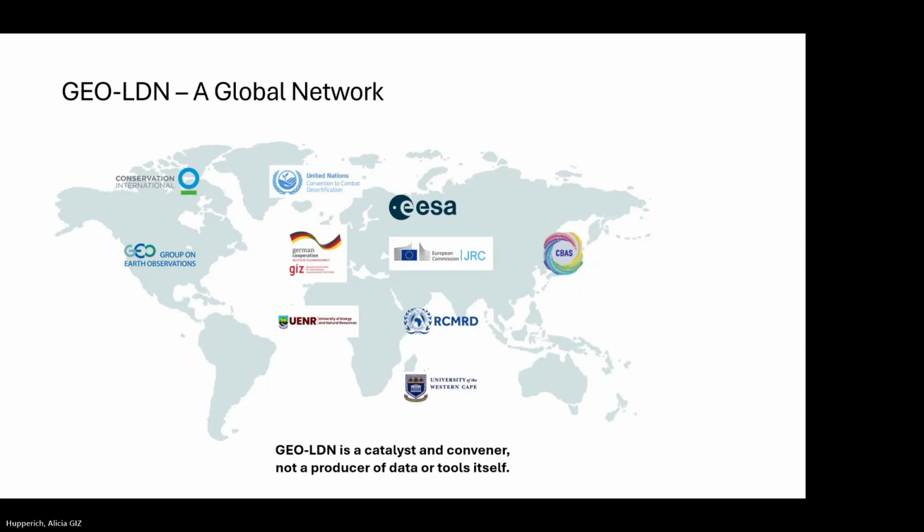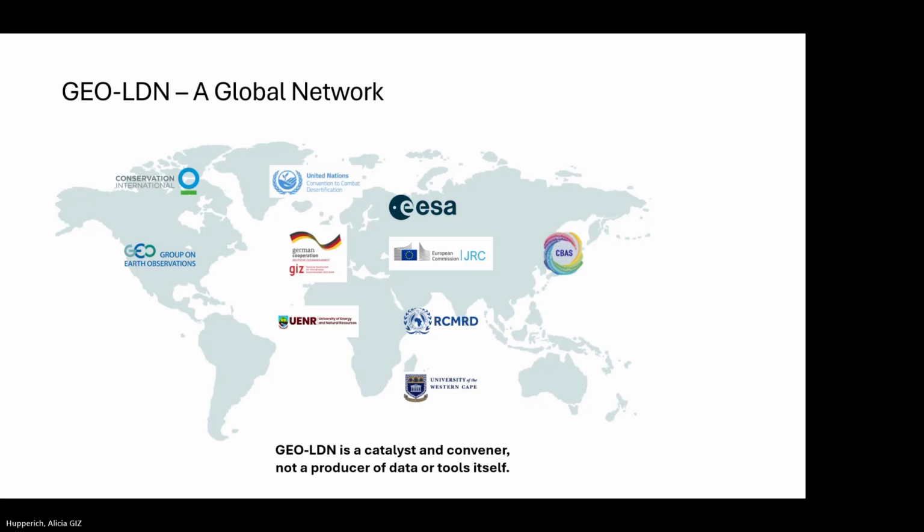Yeah, GEO-LDN is a global network. So it's not a GIZ project, although we host a support project together with the Secretariat at the moment. It's a very diverse group of international partners. So the logo placement does not indicate the geographic location here.